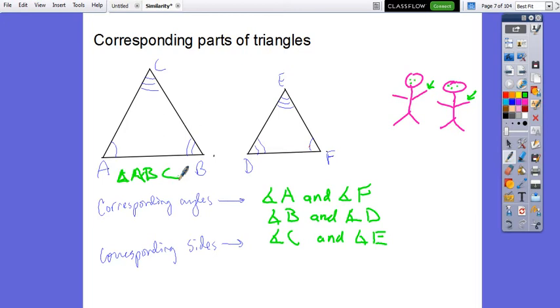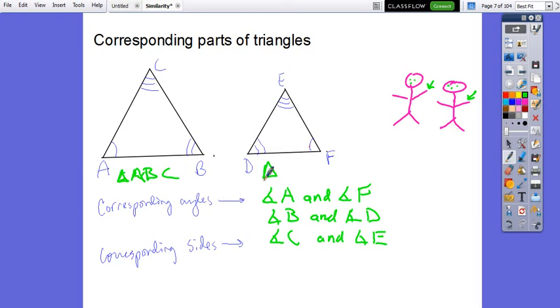I don't have to name it ABC, but I'm naming it ABC just because that makes sense, right? I could name it whatever order I wanted to. But whenever I name a triangle, the other triangle has to be listed in corresponding order to the first one. So if this one is ABC, what order do these have to be?